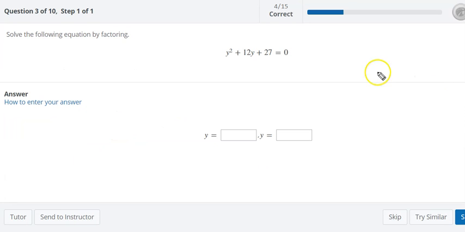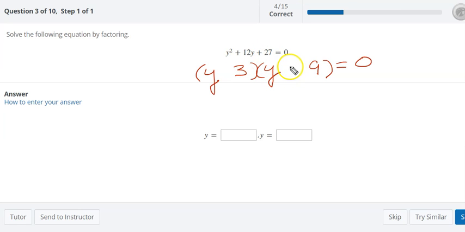Now, another type of example you're going to get is where it's already in standard form. You don't have to move everything over, but you need to factor it. So they're not asking for the factoring as an answer. We're just going to factor it here and get our answers. So y, factors of 27 that add up to 12 are a 9 and a 3, and it's all going to be positive.